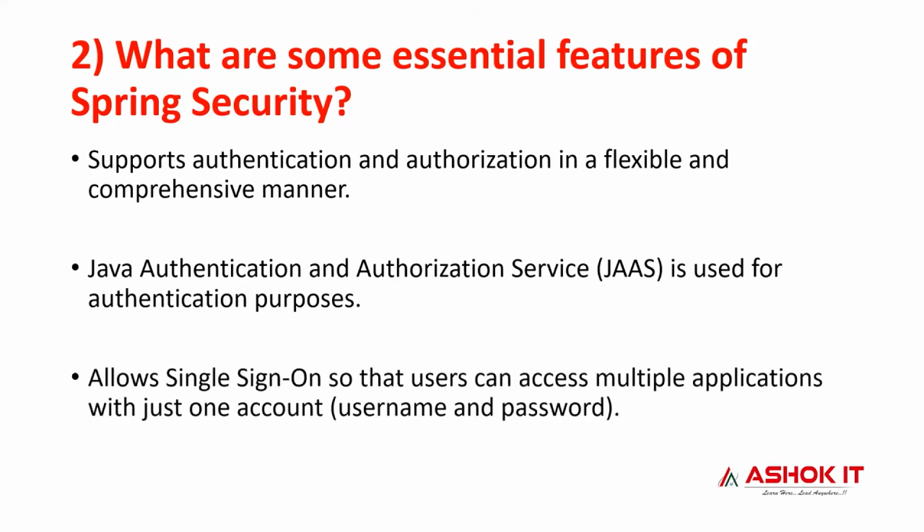It allows single sign-on, that is called SSO. In case we have multiple applications, we can access them using one-time login. You can take G Suite, Google Suite. If you log in using Google credentials, you can access Gmail, Google Drive, Google Docs, YouTube, all of them with a single sign-on, one-time authentication.